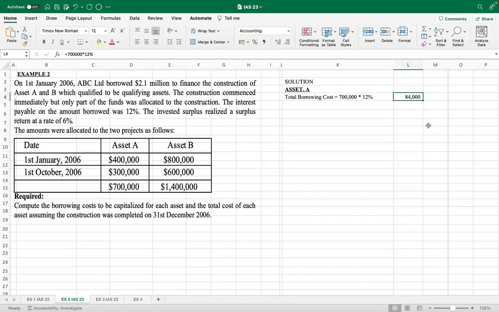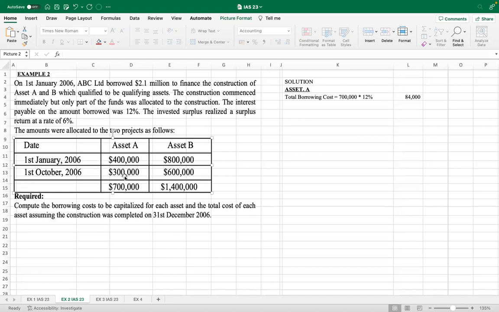Now, this borrowing cost of 84,000 meets the definition of the amount to be capitalized, but we did not use the whole amount immediately. We used only 400,000 for asset A on 1st January. The other 300,000, we only needed on 1st October.